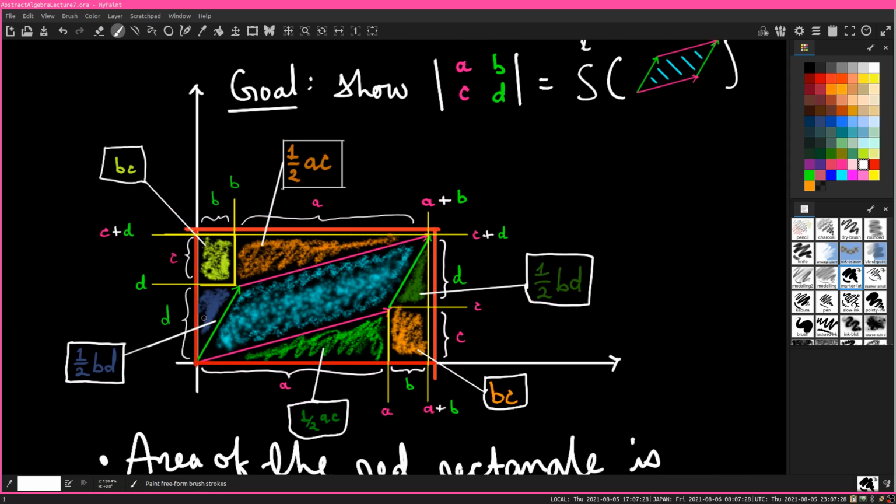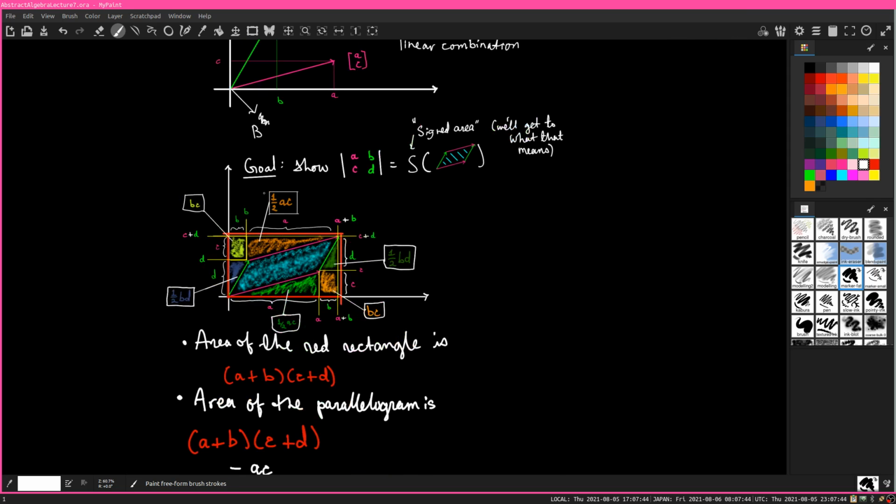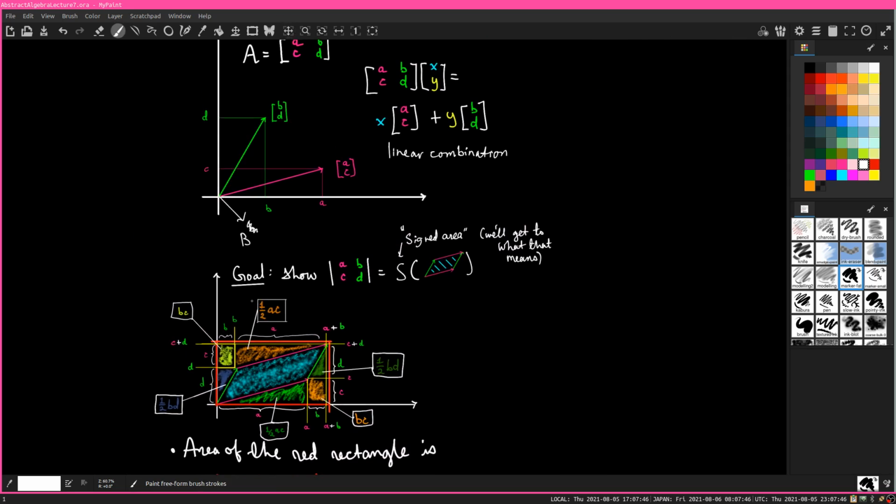I'm not going to go through why each of these areas, which I've circled here, is the way it is. I want you to pause the video and convince yourself that each of these areas is what I say it is, and maybe zoom out and look at this picture as well.